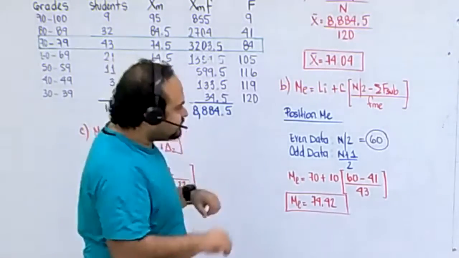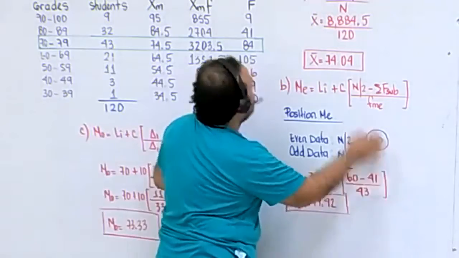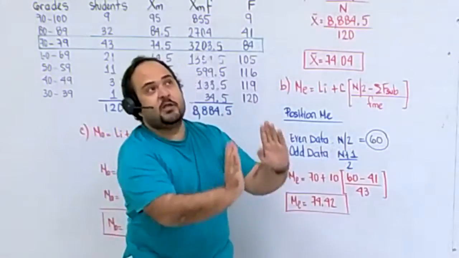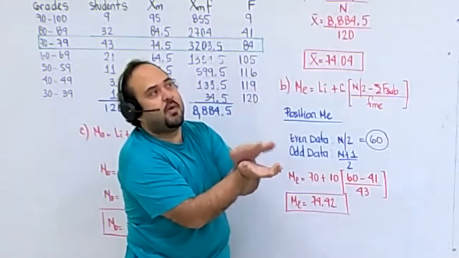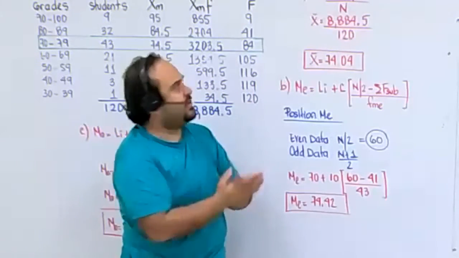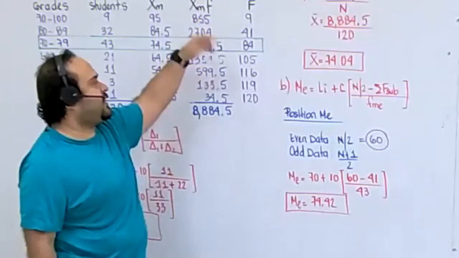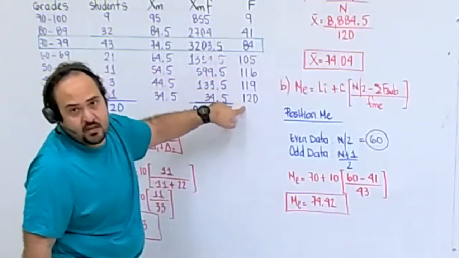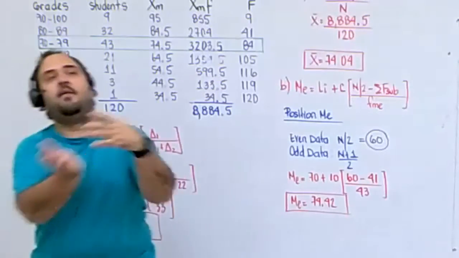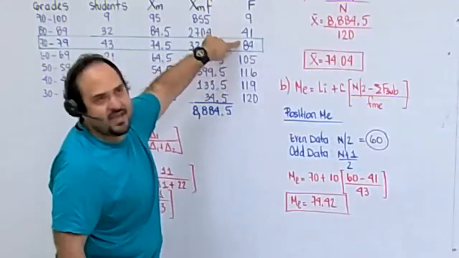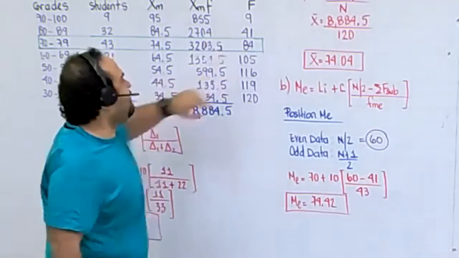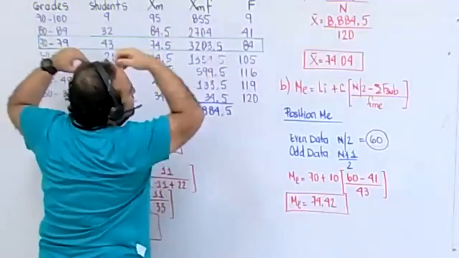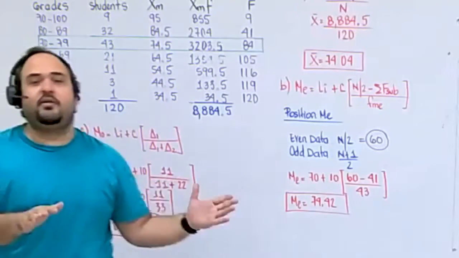What we're going to do is look for the accumulated frequency data greater than 60, but most approaching the number 60. I know that numbers greater than 60 are 84, 105, 116, 119, 120, but the number which most approaches 60 is 84. Okay, for that reason, I'm highlighting this row. This is how I'm going to determine the position of the median. Understood until this far?